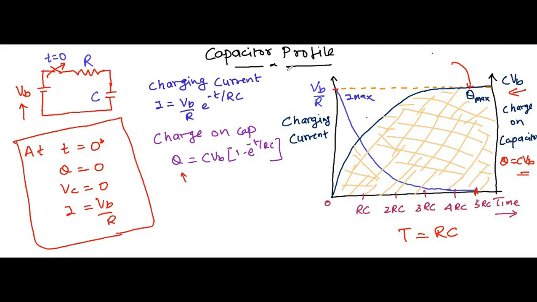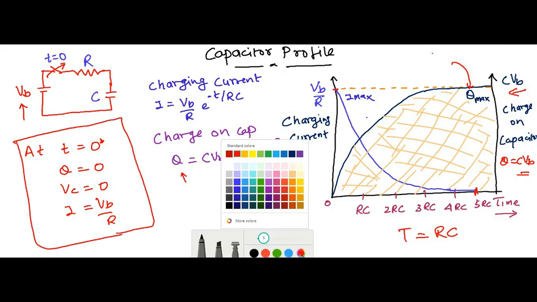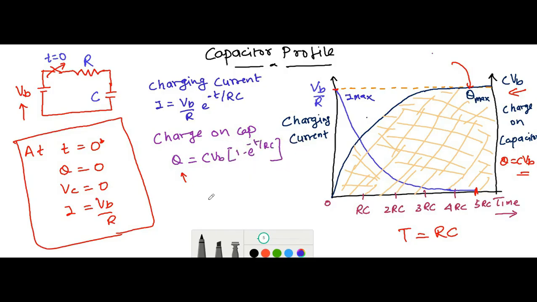Now what happens at time t equals infinity? This is also very interesting to understand. Let me write the expression for time t equals infinity. As charging progresses, at time t equals infinity, what is my Q value? Q is going to be capacitance times the voltage VB. What is my VC value?